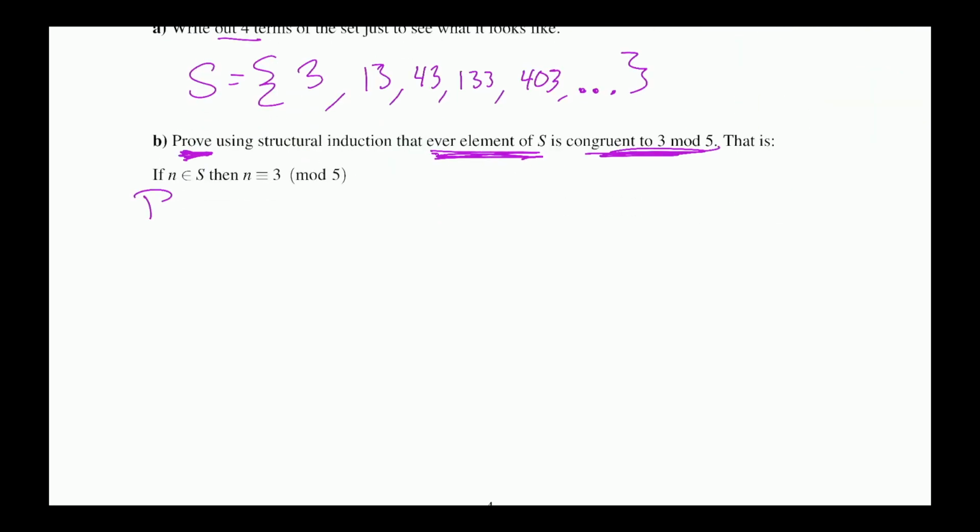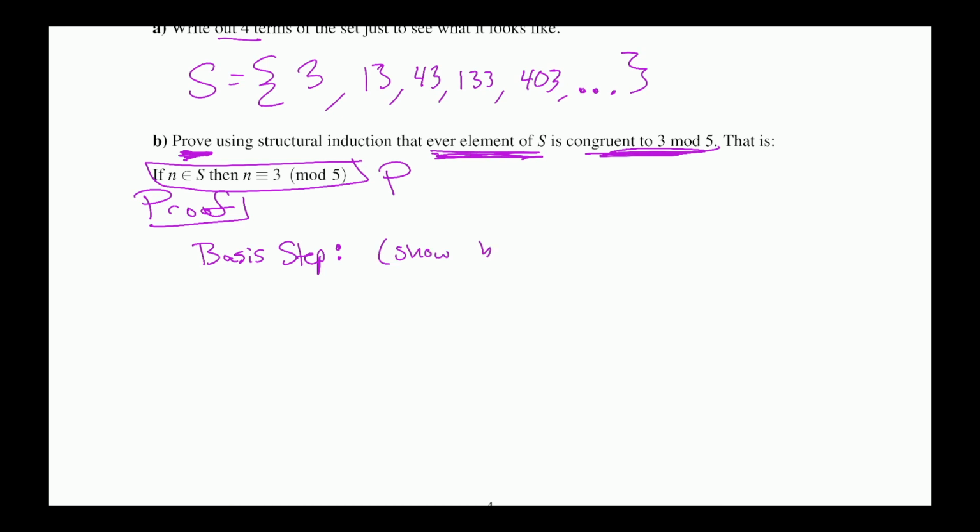So my proof is this. I need my basis step. This is the property, right? That's the property P that we're talking about. So we need to show that the basis element of the set satisfies that property. That's what we need to do. Show the basis element of the set has the property. What's the property?